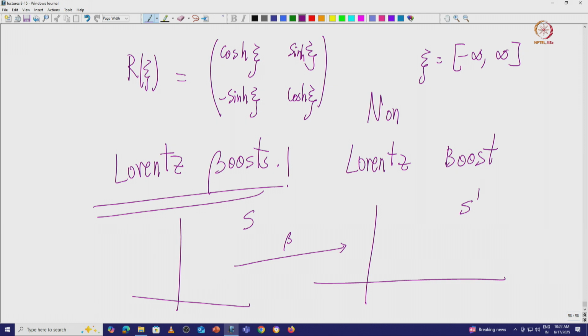In other words, this can be thought of as if you have some event here and some event here, in a boosted frame.